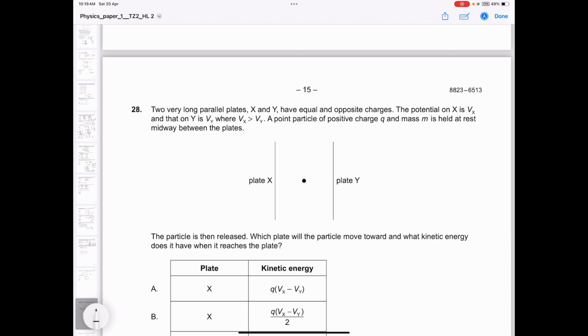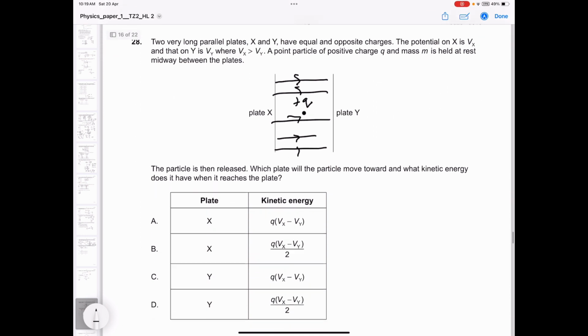So we've got plus Q here. So if Vx is bigger than Vy, then the direction of the field strength must be in this direction. So the charge must be moving towards plate Y, so the answer is going to be either C or D.